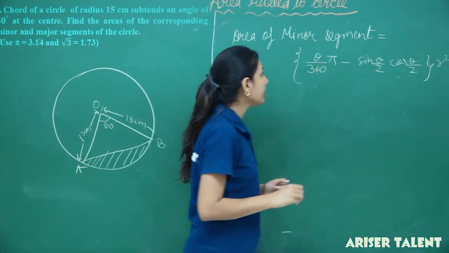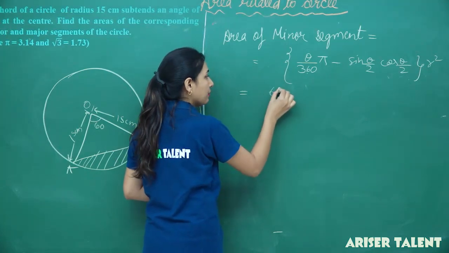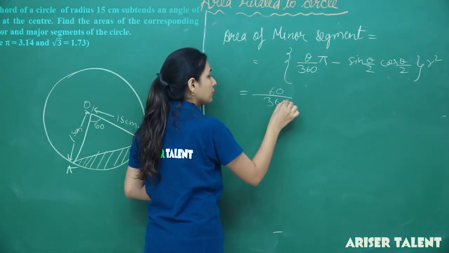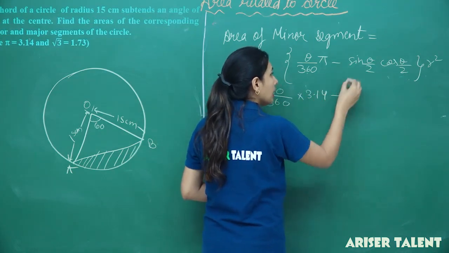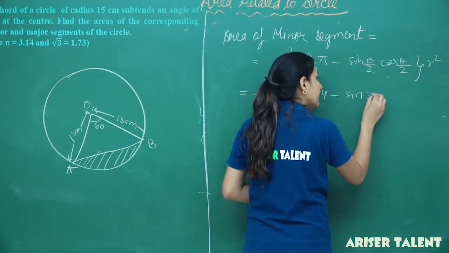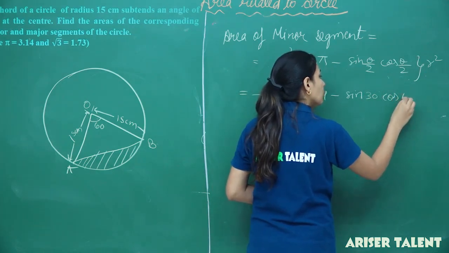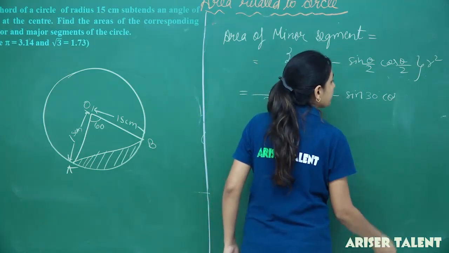So this is the formula here. We will just put in the values: theta equals 60 degree and this is 360. This is 3.14 given. Sin theta by 2 is sin 30 and cos theta by 2 is cos 30.